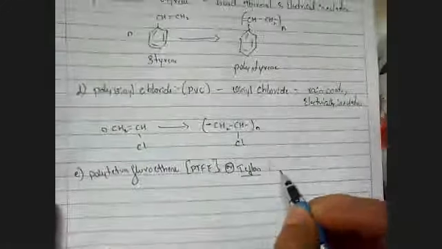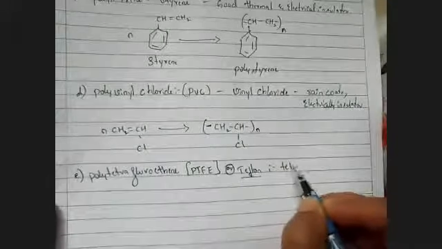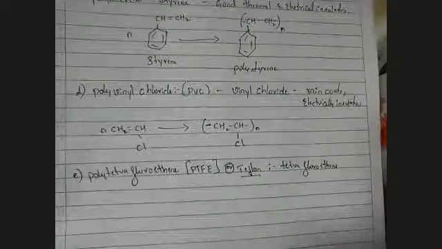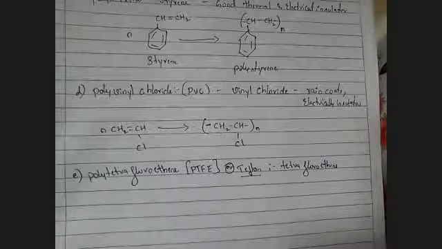The monomer of polytetrafluoroethene is tetrafluoroethene. See how simply you can make it: just remove the poly, and you will get the monomeric unit. So no need to mug up, you can understand it simply. Tetrafluoroethene.